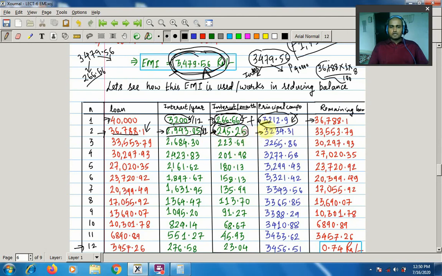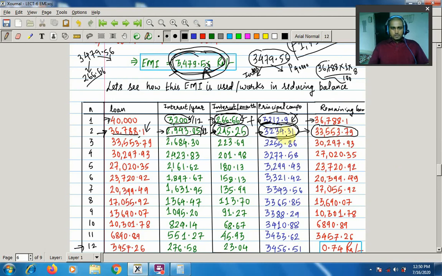If you add these two, you will get this EMI amount, and this money will go on the outstanding balance. Outstanding balance is 36,788. How much money is left to pay? 36,788 minus the installment on the outstanding balance. It comes to 33,000.